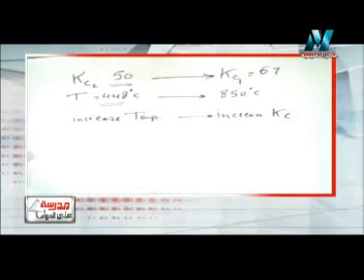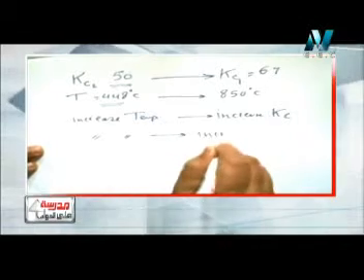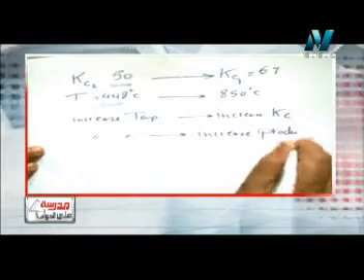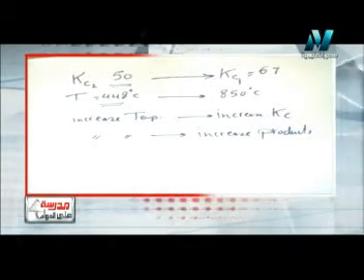We know that Kc equals the concentration of products divided by the concentration of reactants. So increasing temperature means increasing products. Increasing products means the reaction shifted forward.